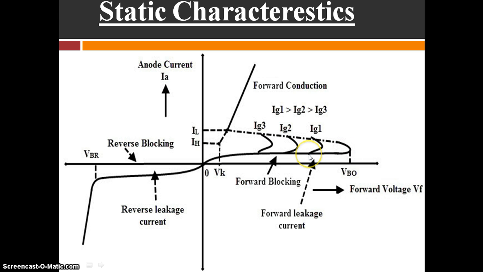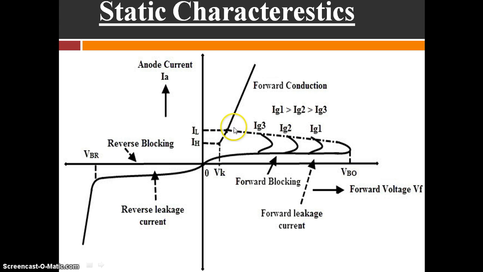Then forward leakage current is the small amount of current flowing through the device in the off state, and it is called forward leakage current. Then holding current is the minimum current flowing through the SCR that still holds it on, and it is called holding current.